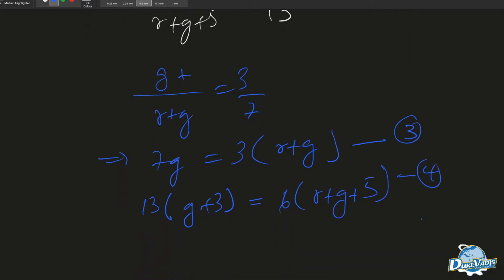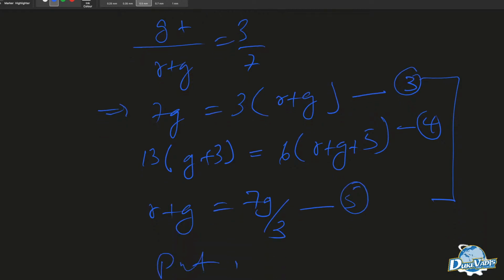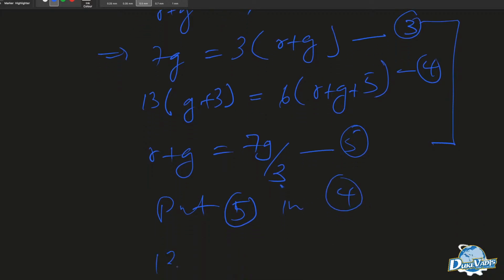So by inspection, from equation 3 we can see that R plus G is equal to 7G over 3. Then we substitute this into equation 4, so that we have 13 into bracket G plus 3 is equal to 6 into bracket 7G over 3 plus 3 plus 5.